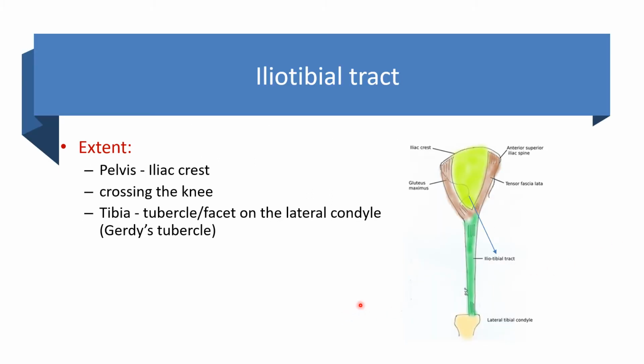What is the extent of iliotibial tract? It extends from the iliac crest and crosses the knee and is attached to the tubercle or a facet on the anterior surface of lateral condyle of tibia, which is known as Gerdy's tubercle.